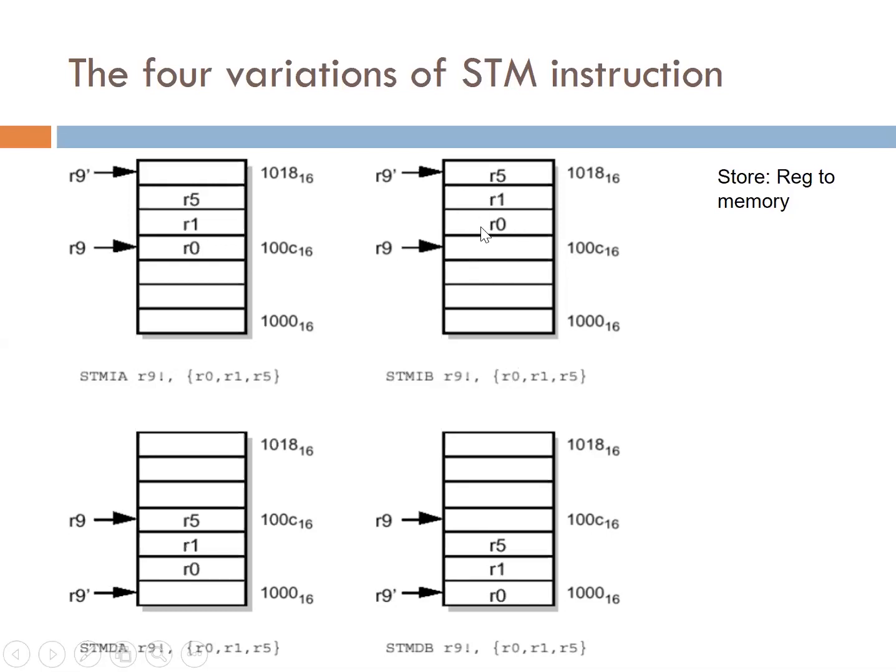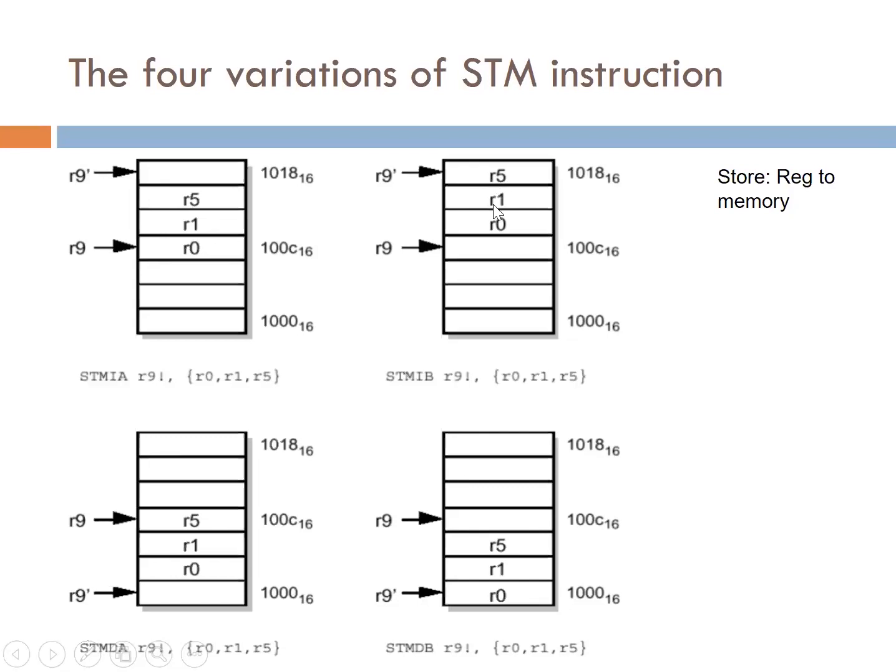That is the first register, R0. Then incrementing, then storing, for each register. What did you do in STMIA? First you stored, then incremented. But here you are first incrementing, then storing.